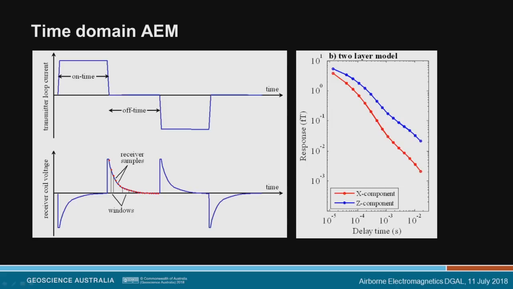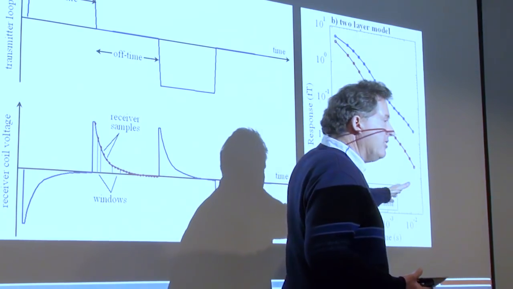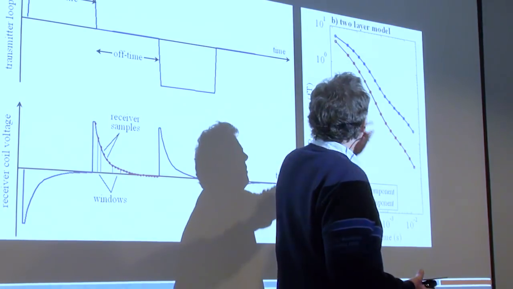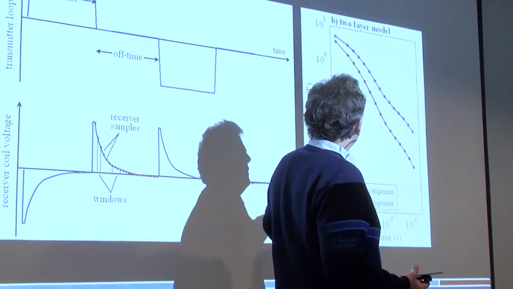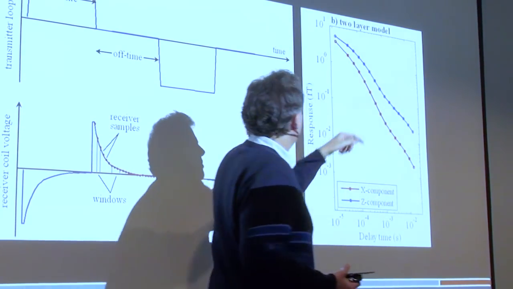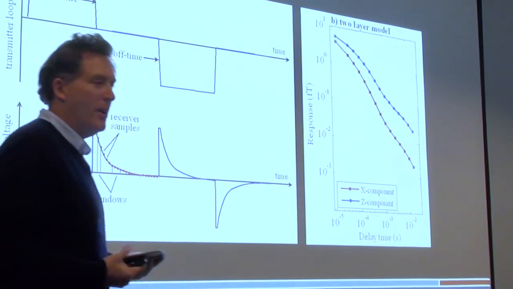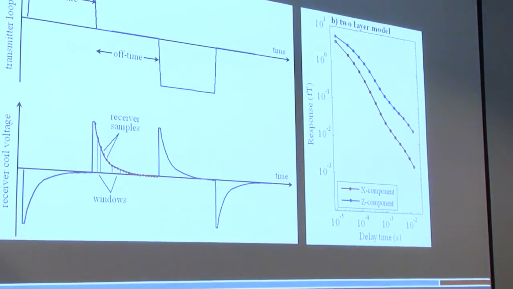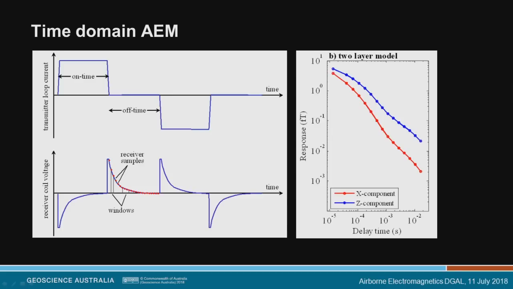And ultimately what we record is a whole lot of voltages at different delay times after the pulse is turned off. In this particular case, we're recording what we call the X component, which is the horizontal component of the magnetic field, and the Z component, which is the vertical one. So there's different instruments inside that bird.